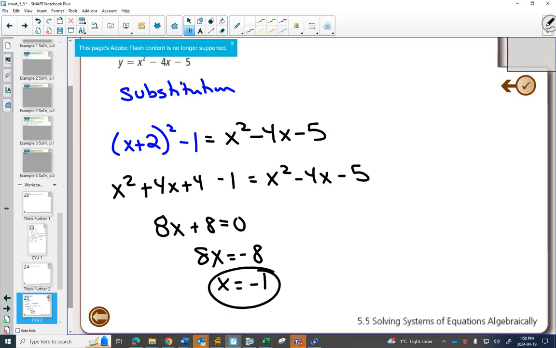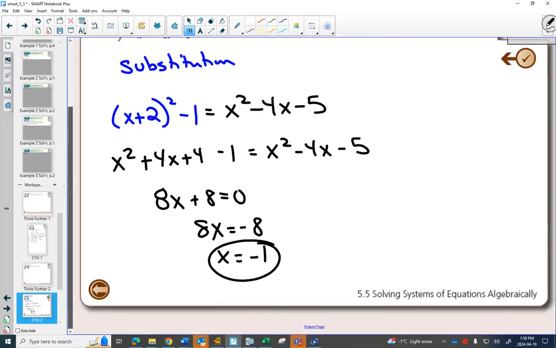And when x is equal to -1, I can use either equation to find out what y is. Some people plug it into both to double check that it works. So I'm going to plug it into the first equation. So when x equals -1, y is equal to -1 plus 2 squared.